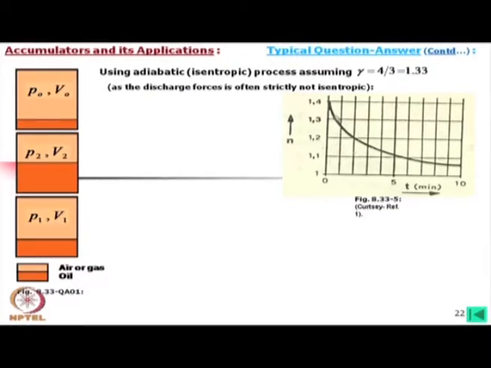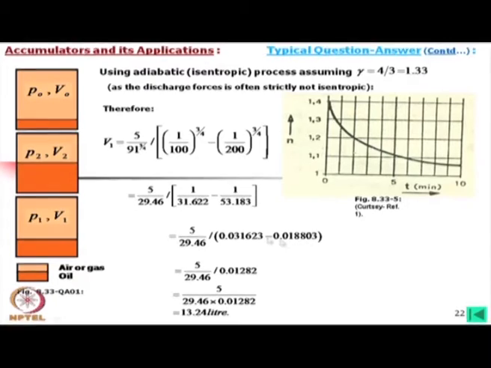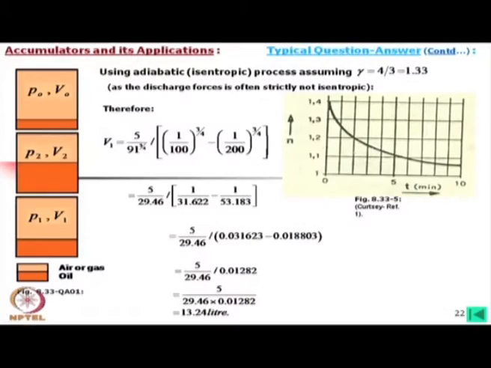Okay. In that case, we consider it is 1.33, and according to that we calculate the volume. So, the volume comes to 13.24 liters. Earlier in case of isothermal we found it was 11 liters, and in this case we need 13.24 liters.